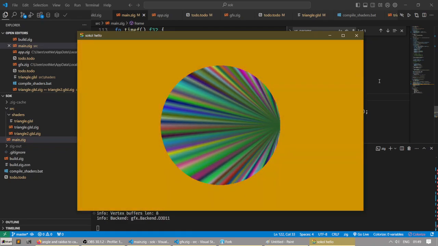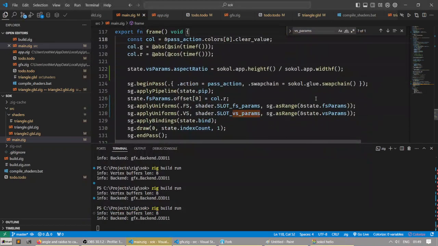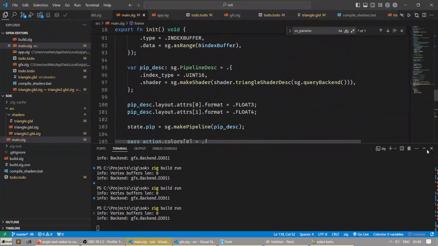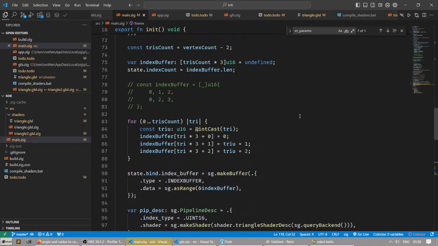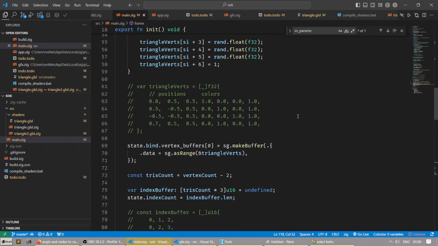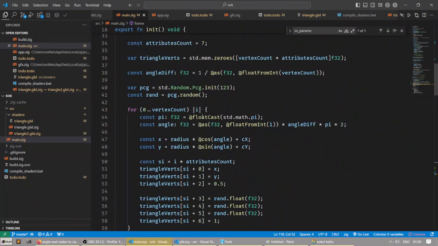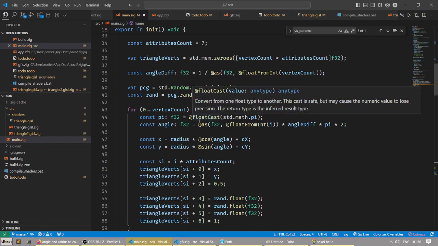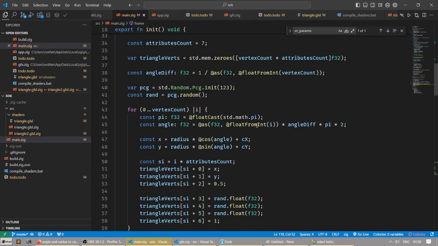I love the safety around numbers, although it can be quite annoying, like in this case, where I was converting everything to floats, and then you have to use as float from int, and oh my god.